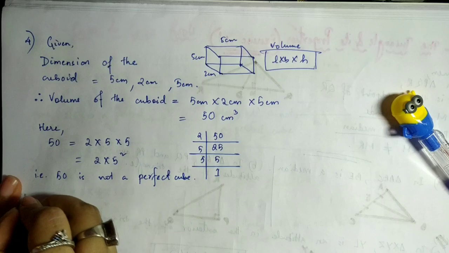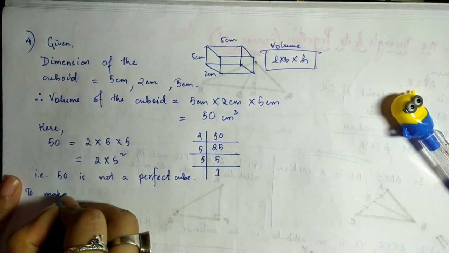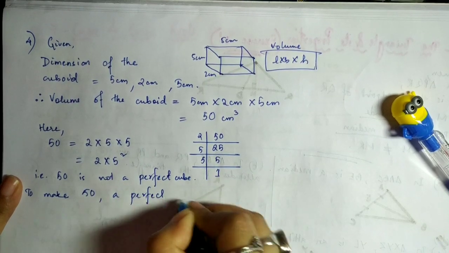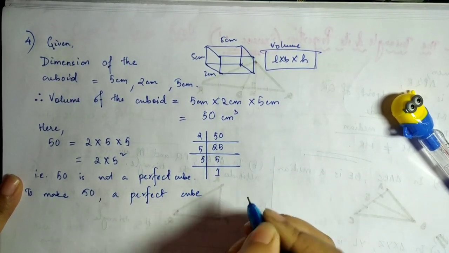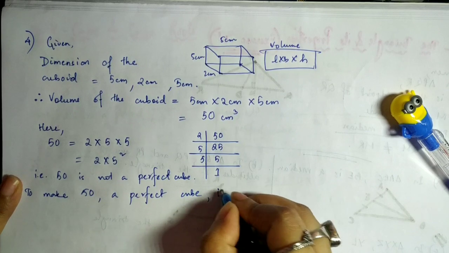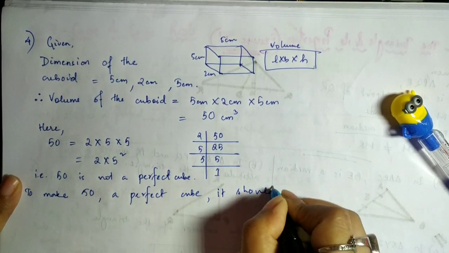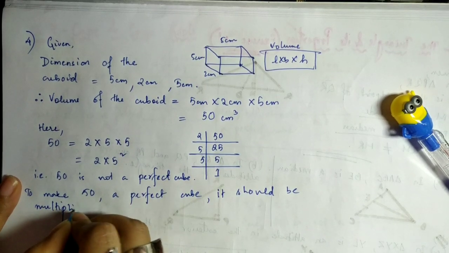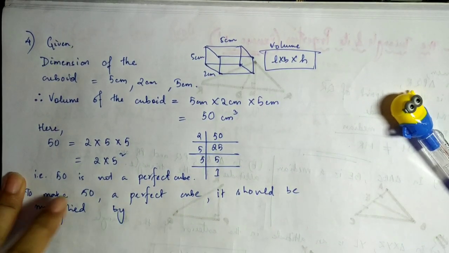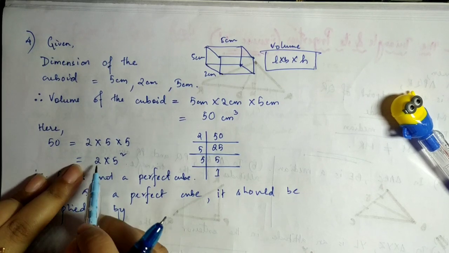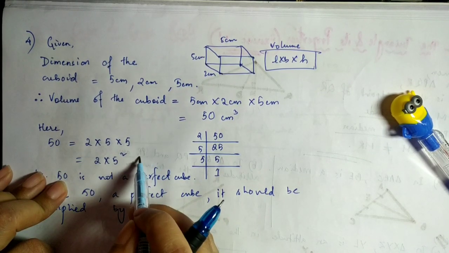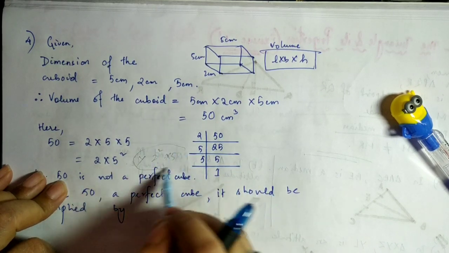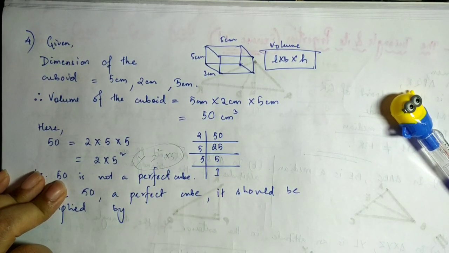So to make 50 a perfect cube, what will we have to do? It should be multiplied by what numbers? Suppose I have one 2, if I multiply by 2 square and one 5, will this not give me a perfect cube number?